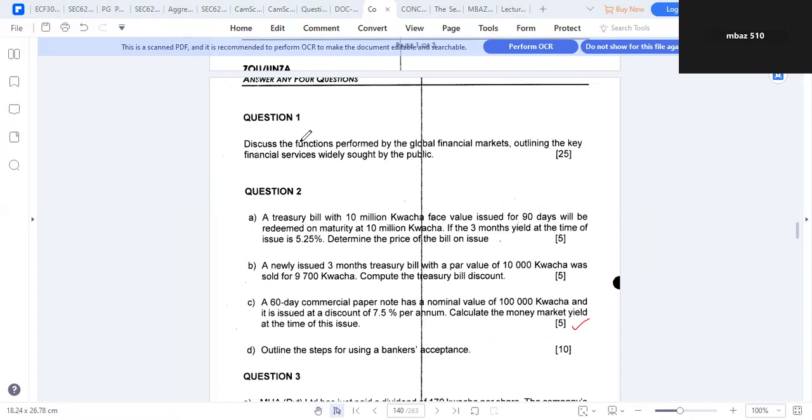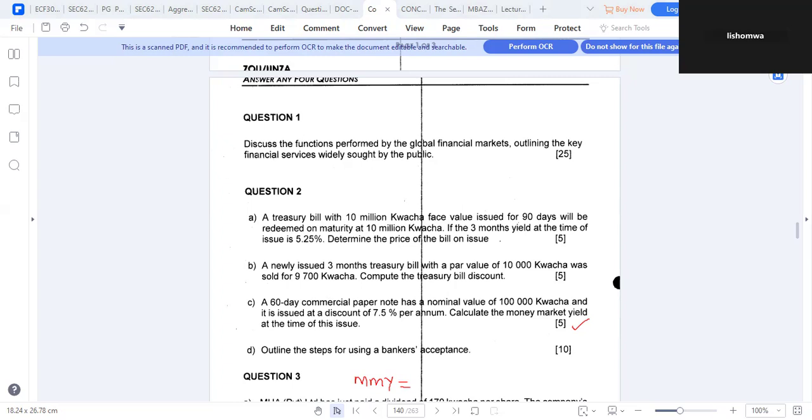Yes, Cecilia, what do we do first? What's the formula for the money market yield? Please show more. How do we calculate the money market yield? Anyone?